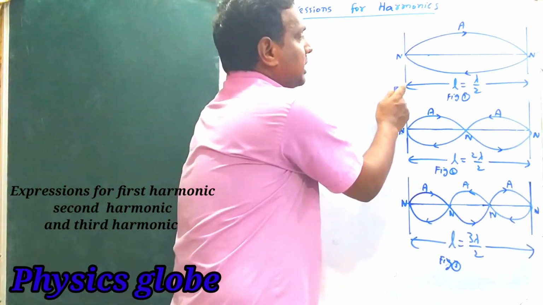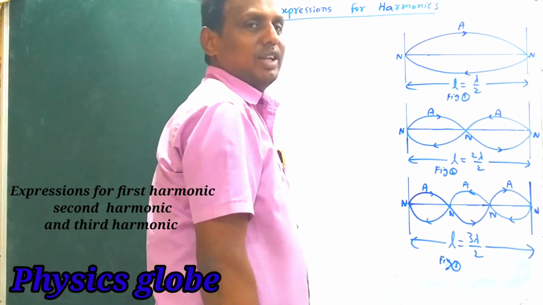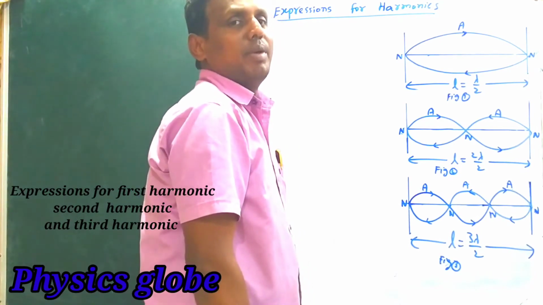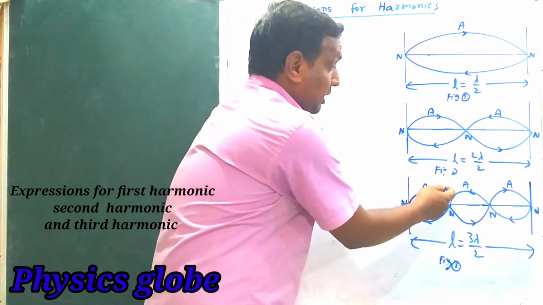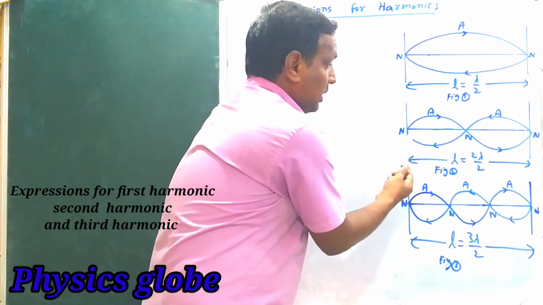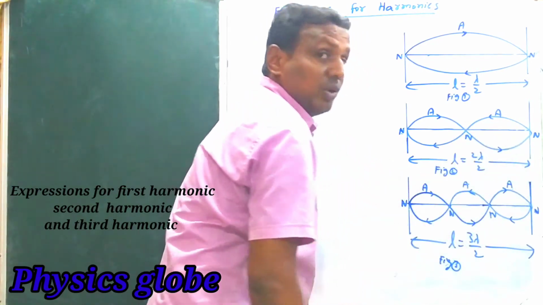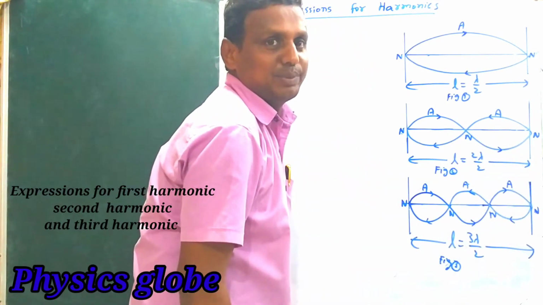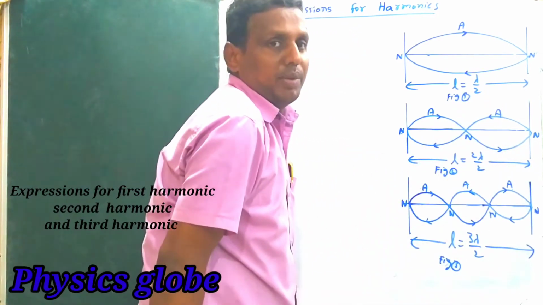In this case, the distance between two successive nodes is well known as L equal to lambda by 2. In this case, the distance is lambda by 2 plus lambda by 2, totally 2 lambda by 2.